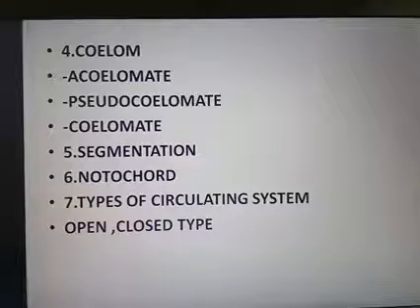Then the next one is notochord. The sixth one is notochord. Notochord means during embryonic development of animals, a mesodermally derived rod-like structure is formed on the dorsal side. Dorsal side is opposite of the ventral side, where our mouth is situated.